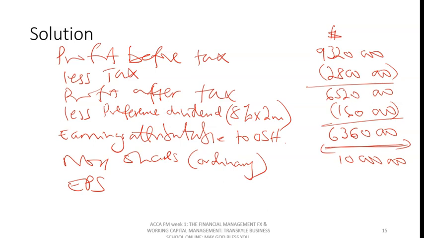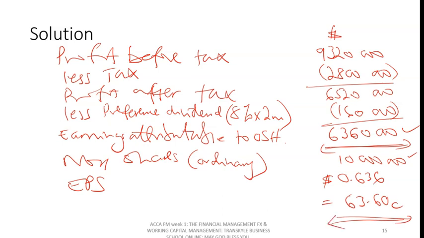The weighted average number of shares is 10 million, and the earnings attributable to shareholders are 6.36 million. So 6,360,000 divided by 10 million, we get the earnings per share of 0.636 dollars, which is equal to 63.60 cents.